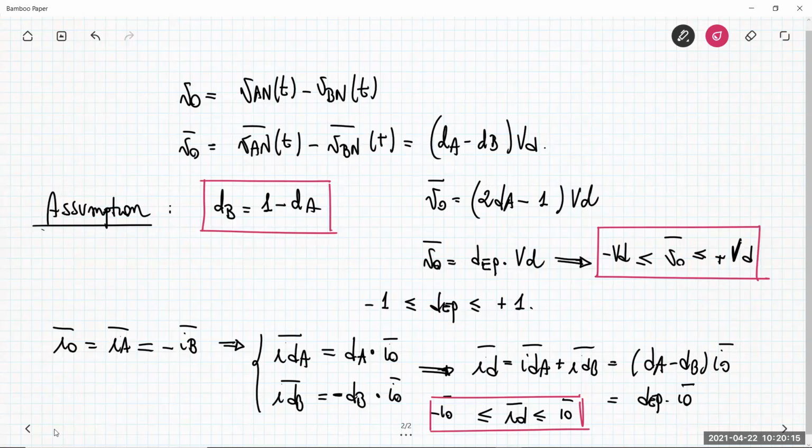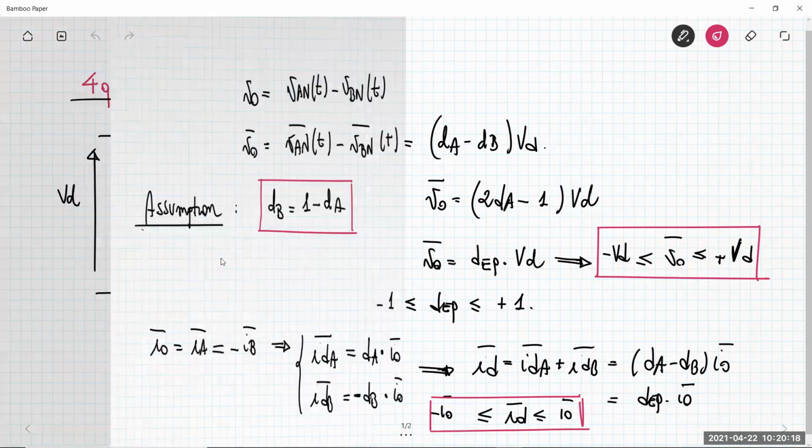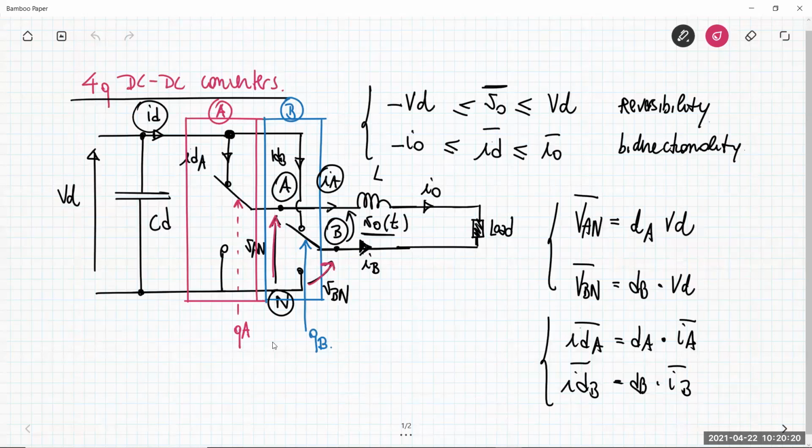Okay, so let me just continue this discussion because I'd like to make some considerations about the control voltage we need for the correct operation of this 4-quadrant converter. Of course, we need two different control voltages now. The control voltage A is compared to the triangular waveform, the double edge waveform in the pulse width modulator, and provides the generation of QA.